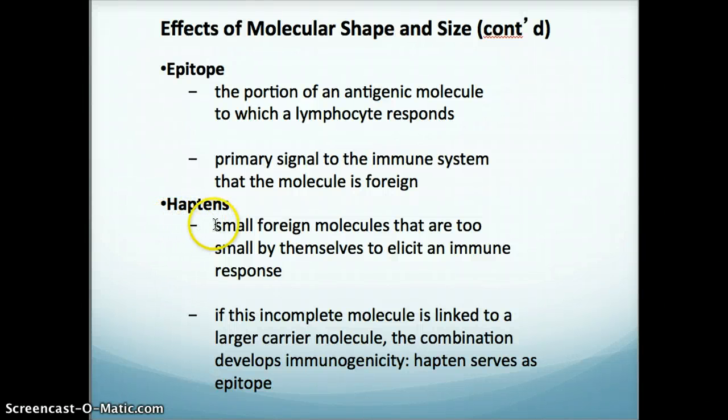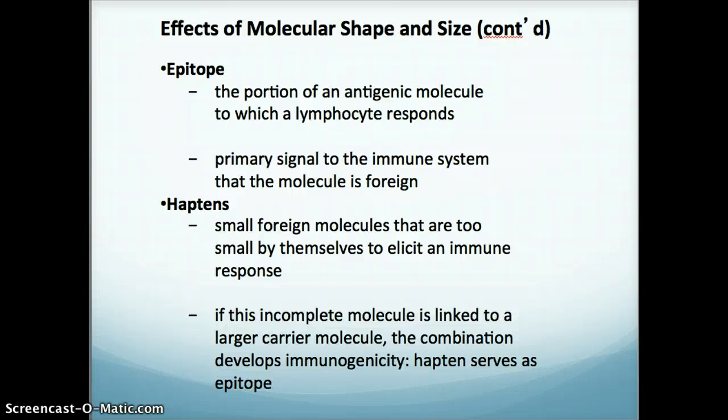Now, we have something called haptens, and these are small foreign molecules that are too small to elicit an immune response. And so in order to get an immune response, it needs to be linked to a larger carrier molecule. And that combination of this hapten with a larger carrier molecule will cause an immune reaction.